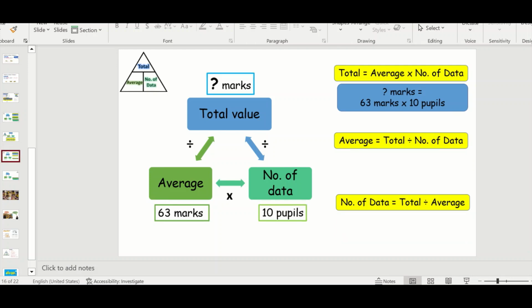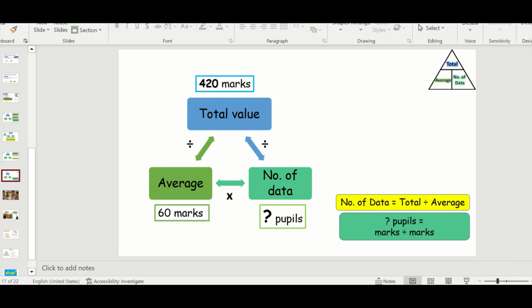In every average related problem, the likelihood is that it concerns these three identities: either the total value, the average, or the number of data. In this example, we're talking about the number of marks that 10 pupils got, and if we're finding the total, we use multiplication.